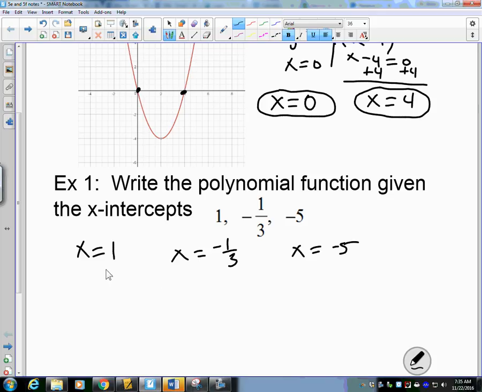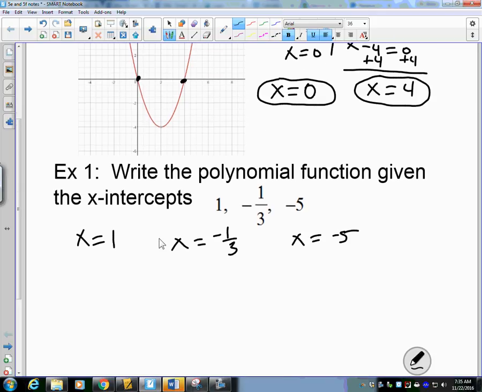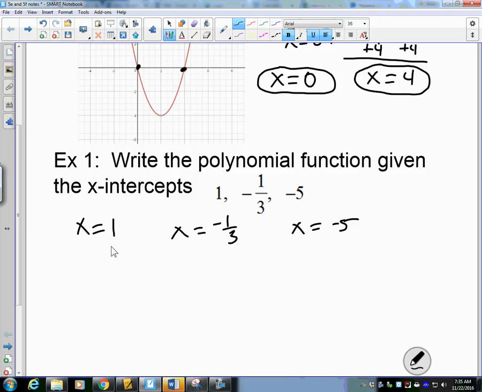And then we're going to work backwards from there. So to make it, we're going to have the factors all equal 0. So to make them equal 0, the first one here, easy, just subtract 1. And we have x minus 1 equals 0. So x minus 1 is one of my factors.